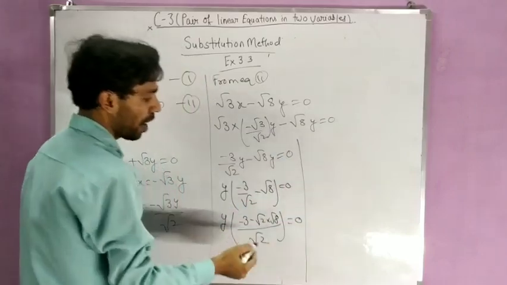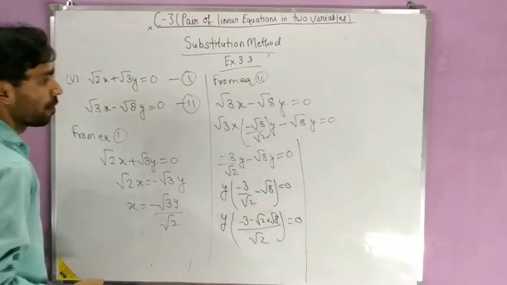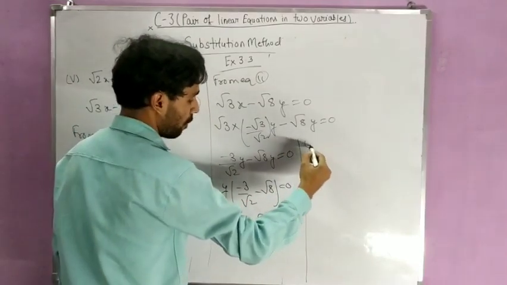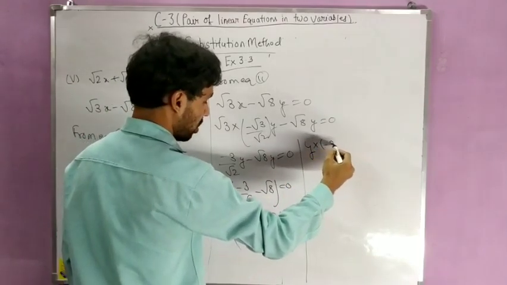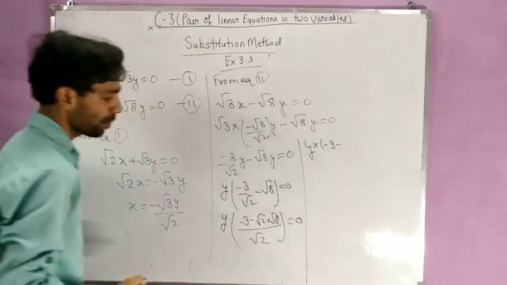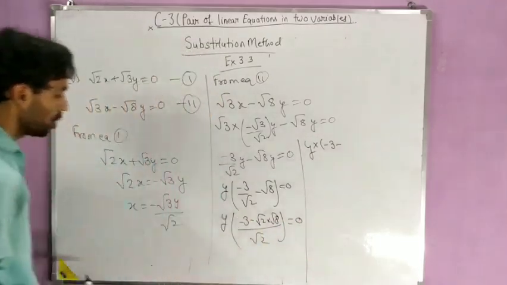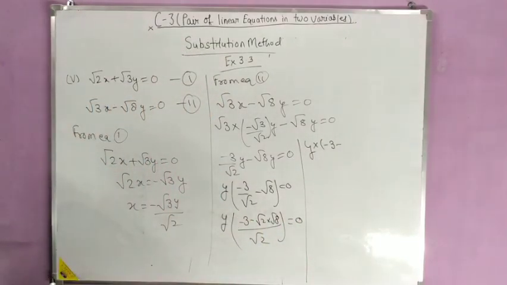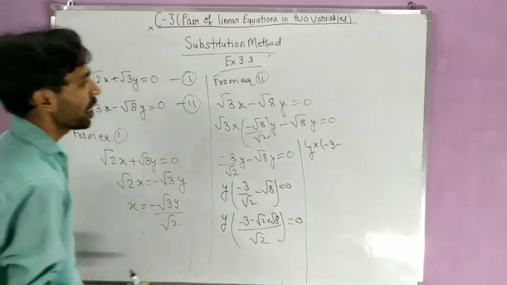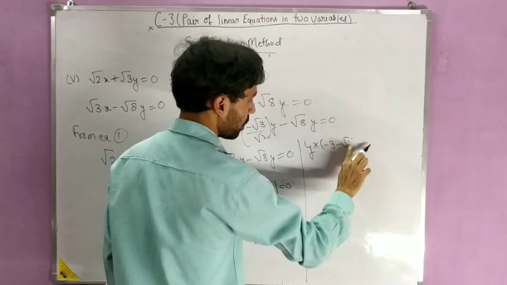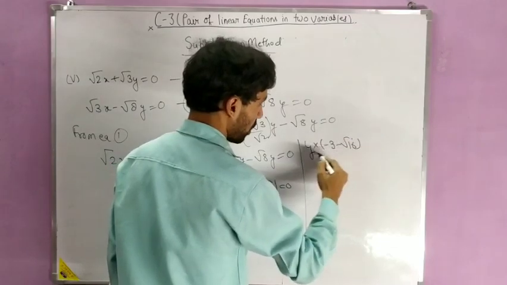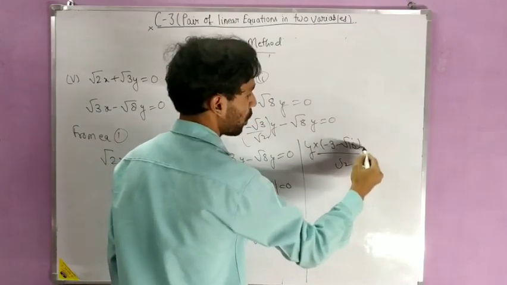So after solving this, the value of y will become minus 3 and minus root 2 into root 8. Root 2 into root 8 will be equal to root 16, and divide by root 2 equal to 0.